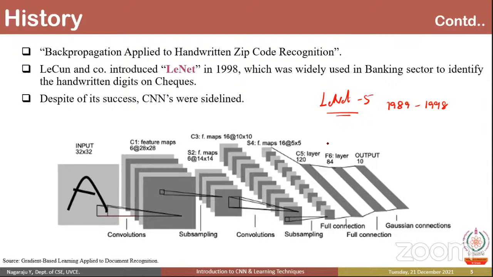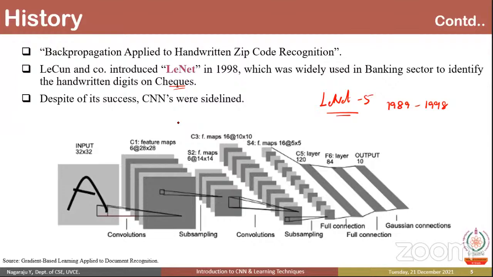This is the model many people and many business sectors used at the time to recognize handwritten digits. The success of this LeNet was in the banking sector, where banks were using it to identify handwritten digits on text.